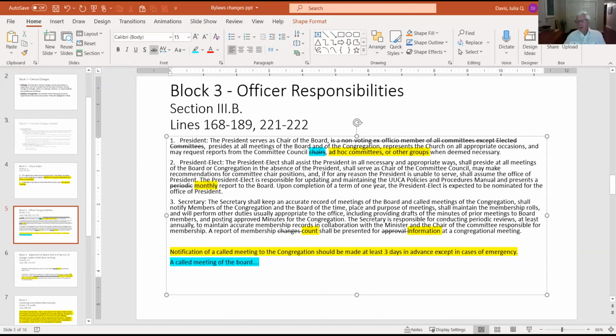Other discussions? Well, wait. I believe you crossed out chairs, and I think the proposal was to cross out council. Council. My apologies. Okay.